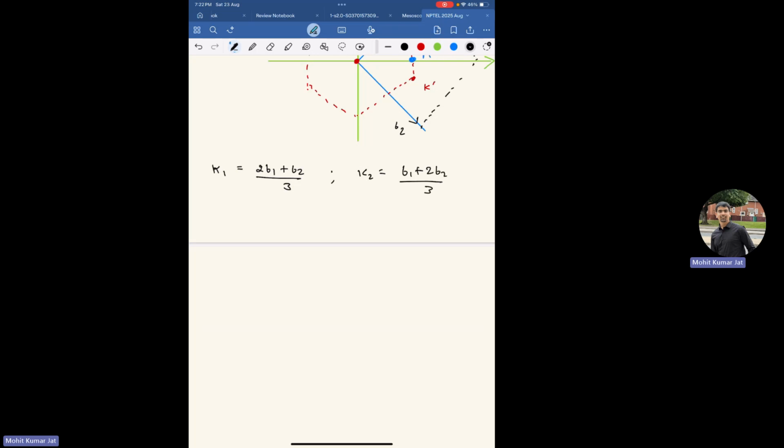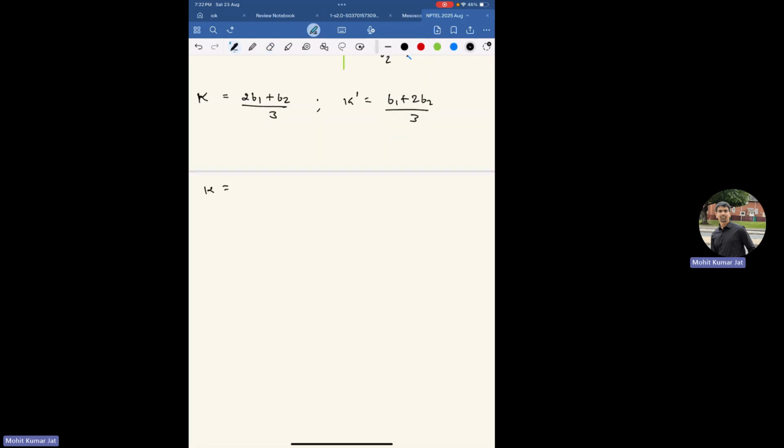So k2 is essentially K prime, and k1 is essentially K. If you do so, K will be 2 pi by 3a, 2 pi by 3 root 3a, and K prime will be 2 pi by 3a and minus 2 pi by 3 root 3a.